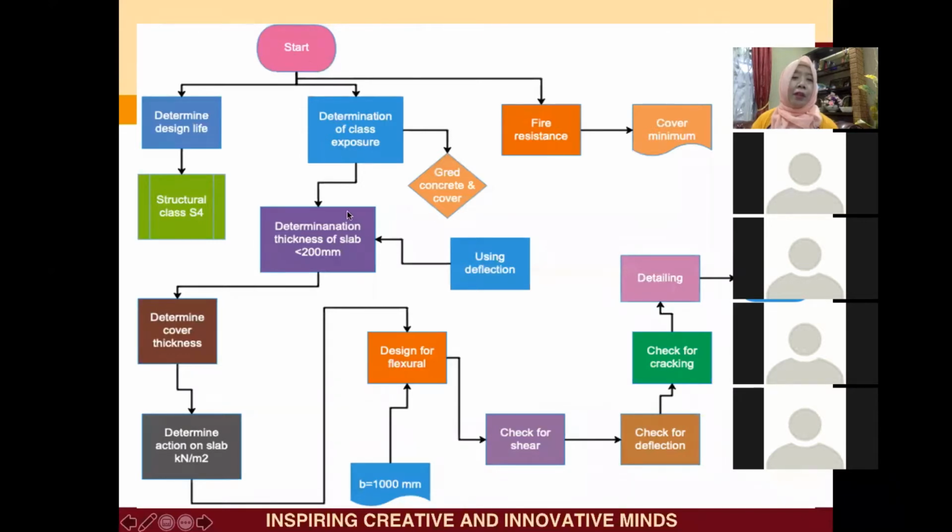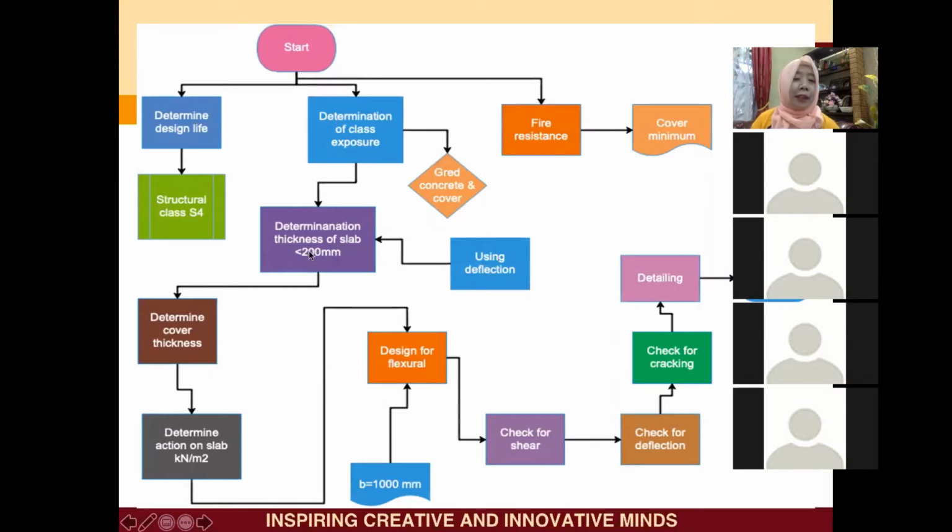this flowchart shows how we are going to design the slab. Basically the design is similar to the beam, except here. The slab that we are going to design, usually we will take the H less than 200 millimeter. Why? Because of the checking for deflection.